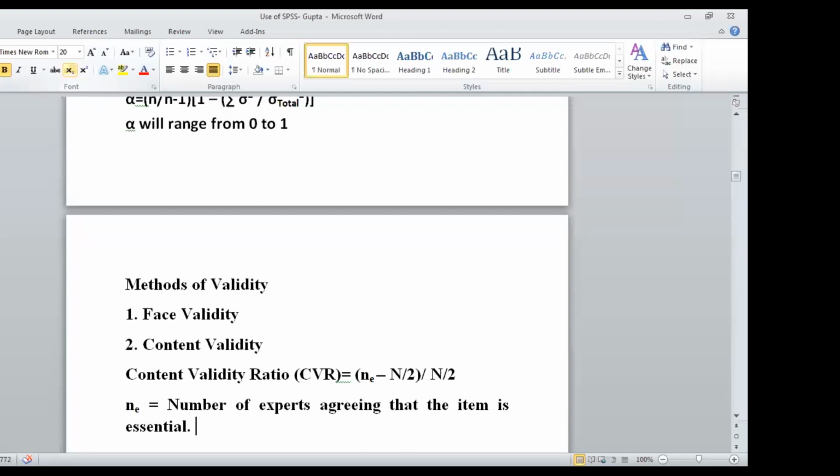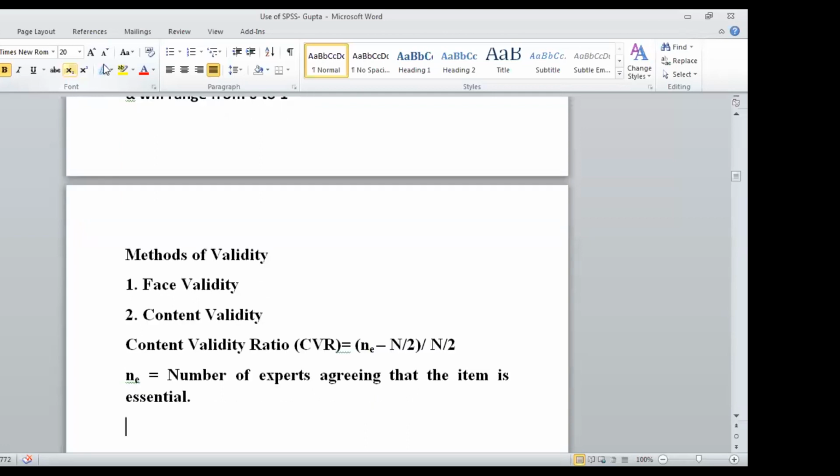Suppose you have got the response from 12 people and all 12 say that it is essential. So NE is equal to 12 and capital N is also equal to 12.